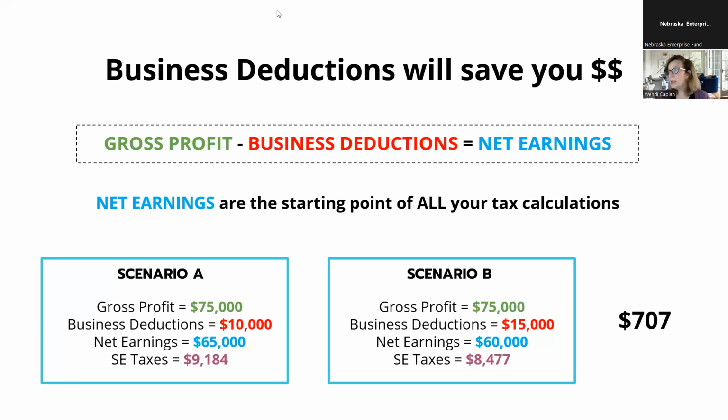In scenario B, with $15,000, because we made sure that we calculated our mileage and our utilities, our net earnings were reduced to $60,000, but we owed less in self-employment tax. So we were able to keep $700 in our pocket.